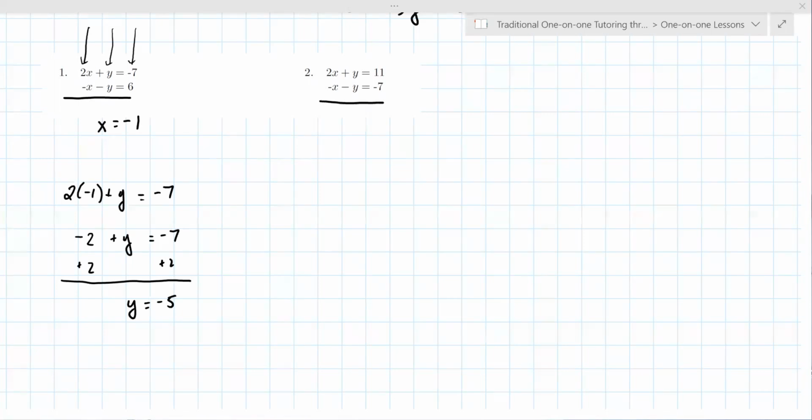Y equals 3 and X equals 4. Those both work there.